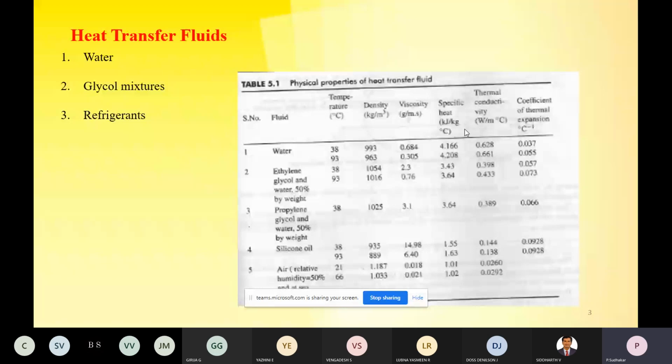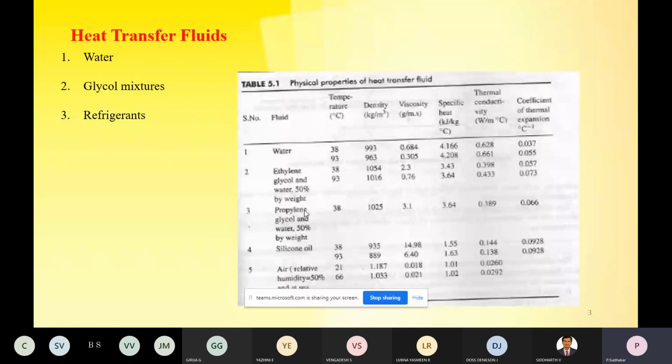The freezing point of water can be lowered below 0 degrees by adding some inorganic salts without affecting the thermophysical properties of water much. Except for water and air, the rest of these heat transfer fluids are expensive.